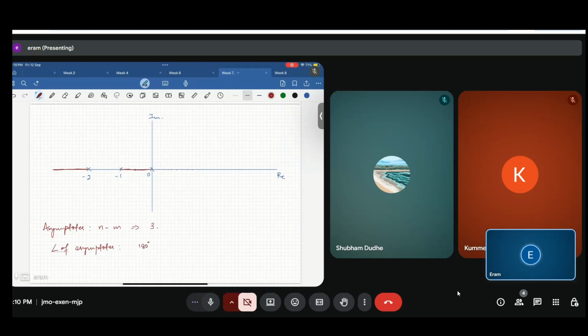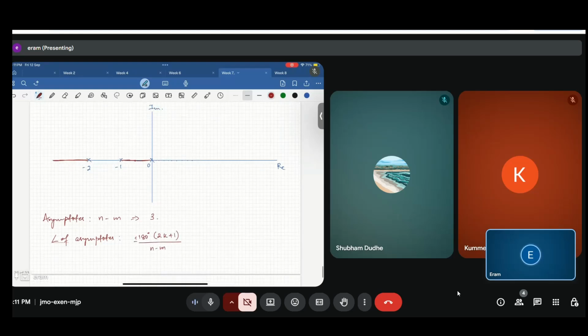It is 180 over n minus m. So n equals 3, so it will be the odd multiple of 60 degrees. So it will be 60, and then 180 degrees, and then 4 plus 1 is 5, it will be 300 degrees.